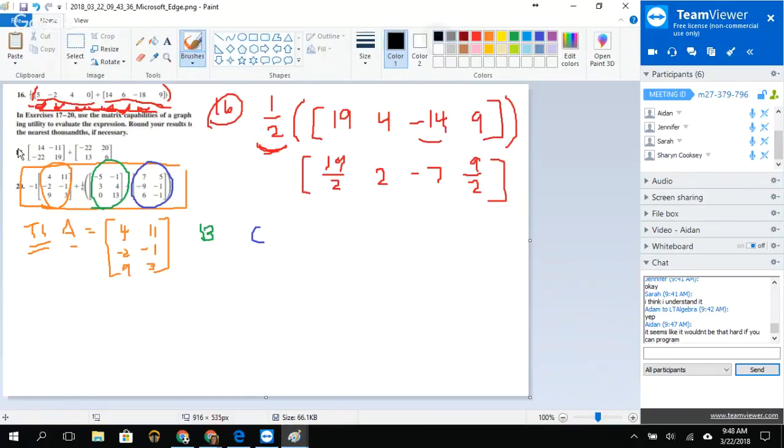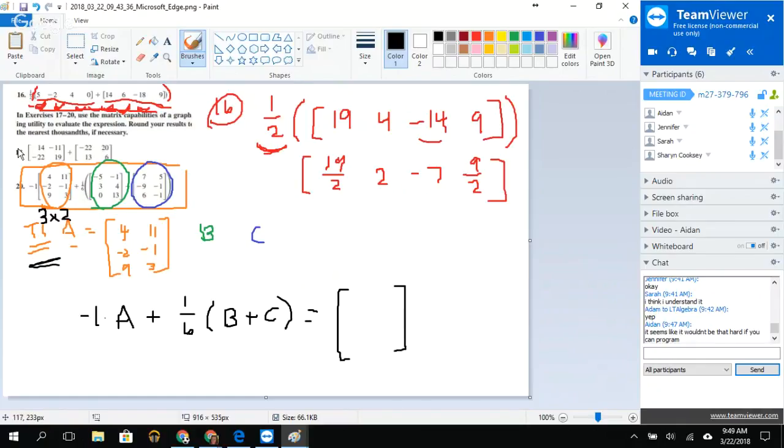So then once I have all of these named in my TI calculator, edited, and put in, I literally go into my TI and type -1 times, and then you hit the matrix button and you hit element A. Plus 1/6, and then use your parentheses, times B plus C. And your TI will pop out, these are all 3x2 matrices, a 3x2 matrix that is the solution.